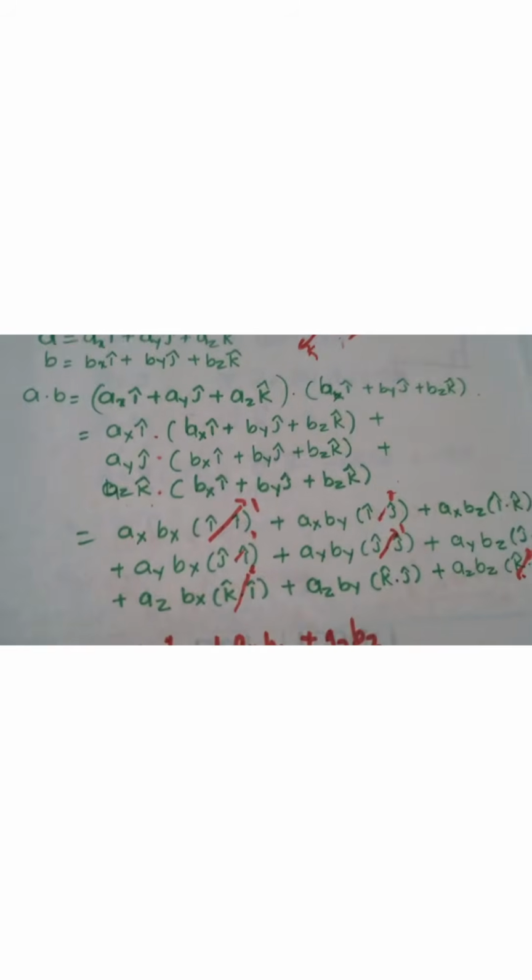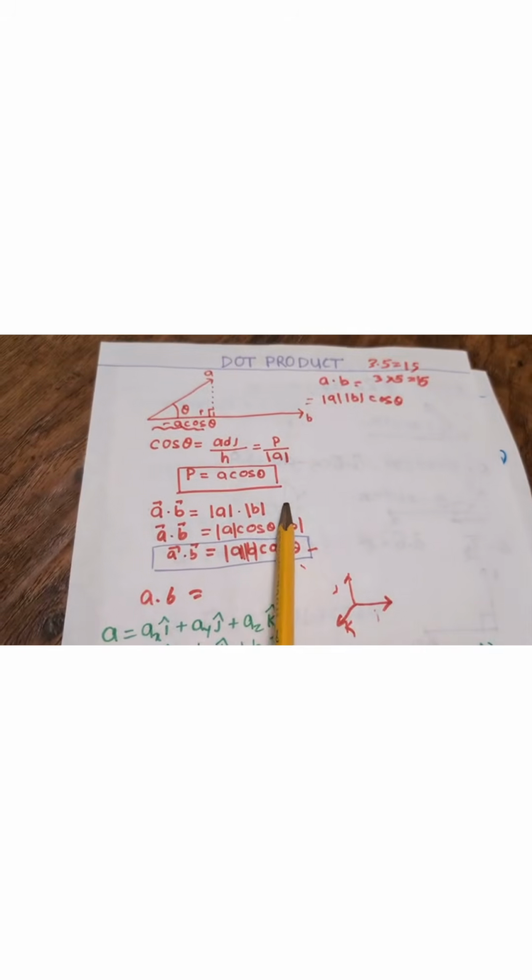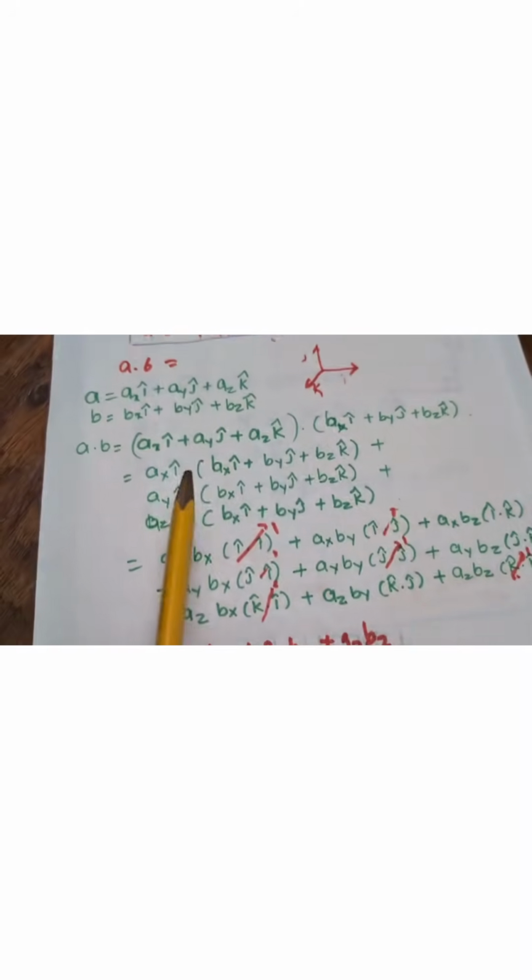Now come to the next one, the component format. This is one way of finding the dot product of two vectors, and this is another way.